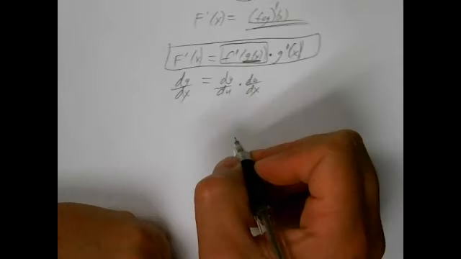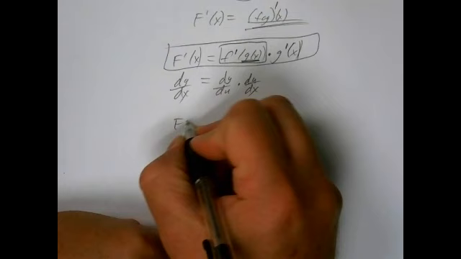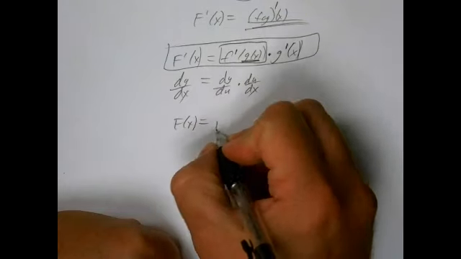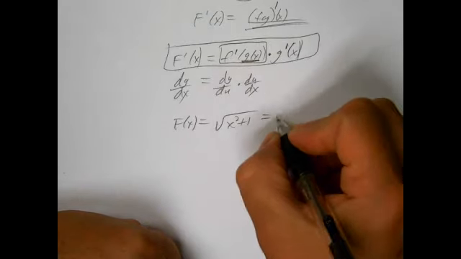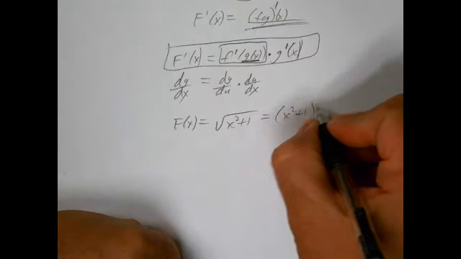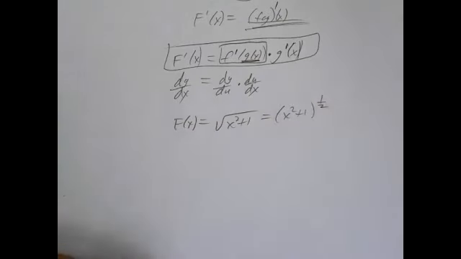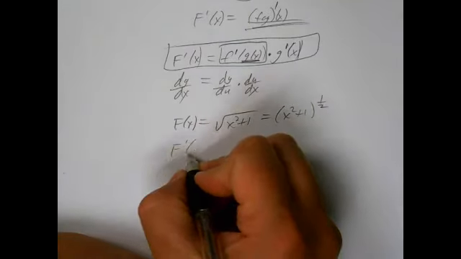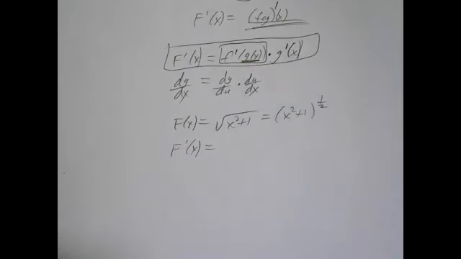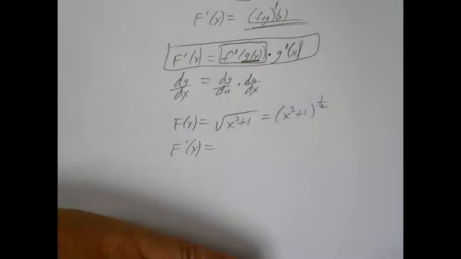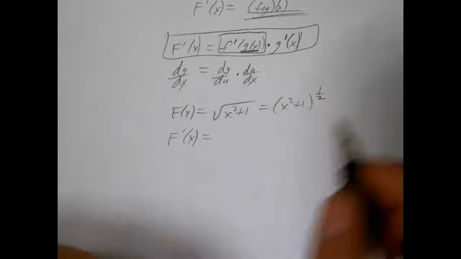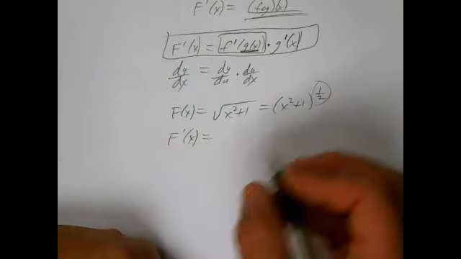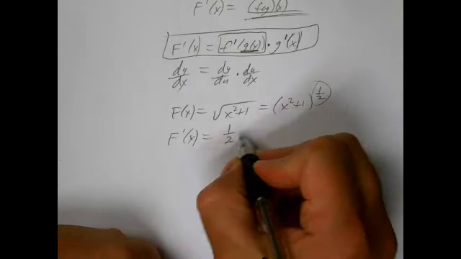So back to our first function, our f of x was the square root of x squared plus 1, which I would choose to write as x squared plus 1 to the 1/2 power. So therefore, f prime of x, here's what I'm going to do first. If you recall, we said the outermost function was the square root function. So I'll take the derivative of the square root function first. Power rule says the 1/2 comes down.